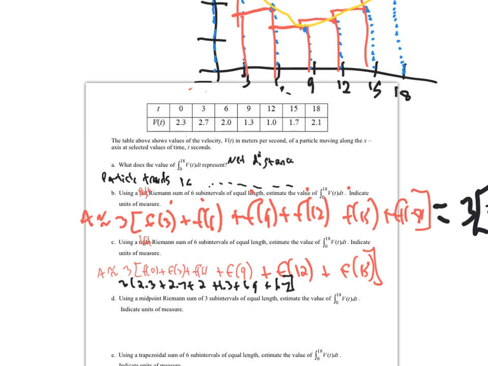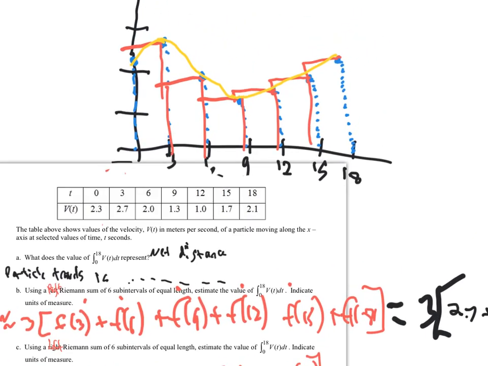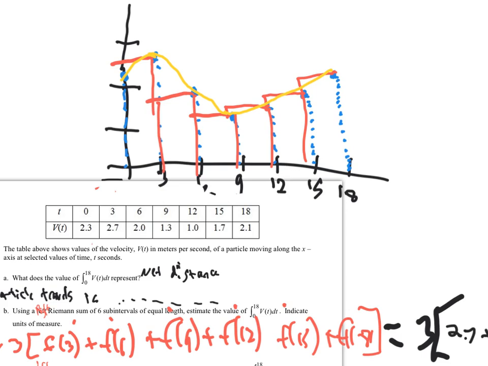What's happening on top of this graph now is we are changing it to 3 intervals and using midpoints. That would be a midpoint, and that would be a midpoint, and then that would be another midpoint.